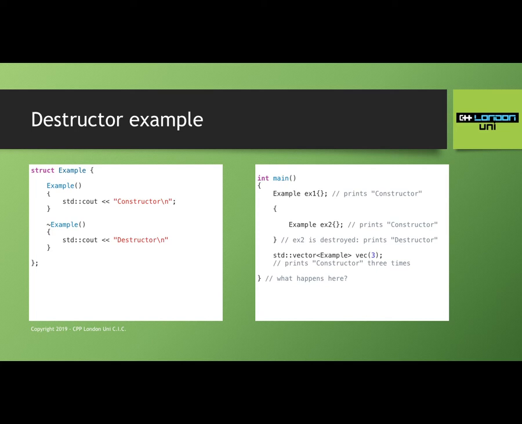And this RAII pattern works not just for memory, but also for any other kind of resources that we might be using in our program, whether that's file handles or network connections or mutexes or whatever other scarce resource that we absolutely must not hold on to for any longer than is absolutely necessary. And that's not something that garbage collectors, naively at least, can deal with.